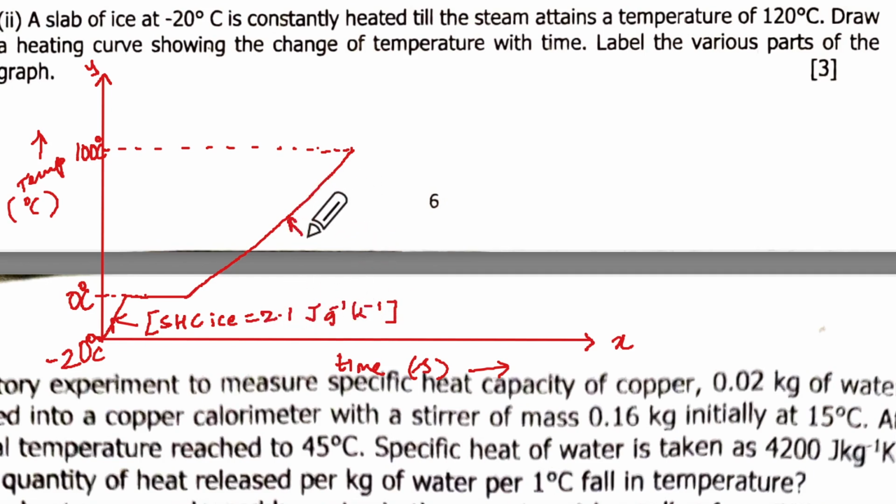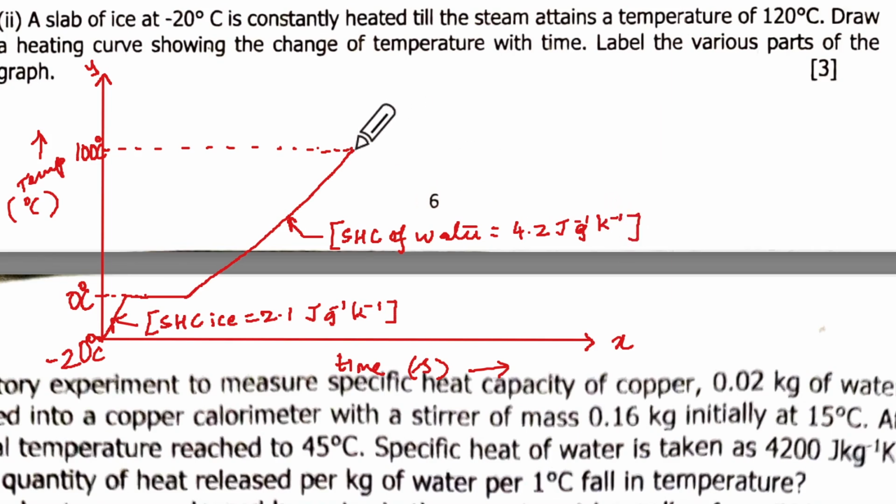And this one I'm writing in bracket because in your answer this should not be included. But your teacher will give you 0 if your teacher sees that this slope and this slope are the same. It should not be the same. Why is this gradual? Right over there, SHC of water. How much is it? Everybody knows, 4.2 joule per gram per Kelvin.